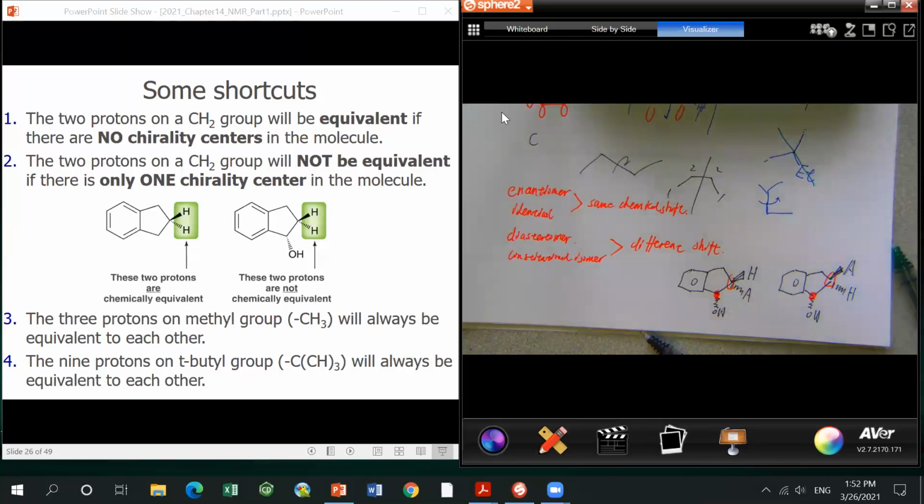So that's diastereotopic, and these two hydrogens have different chemical shapes.